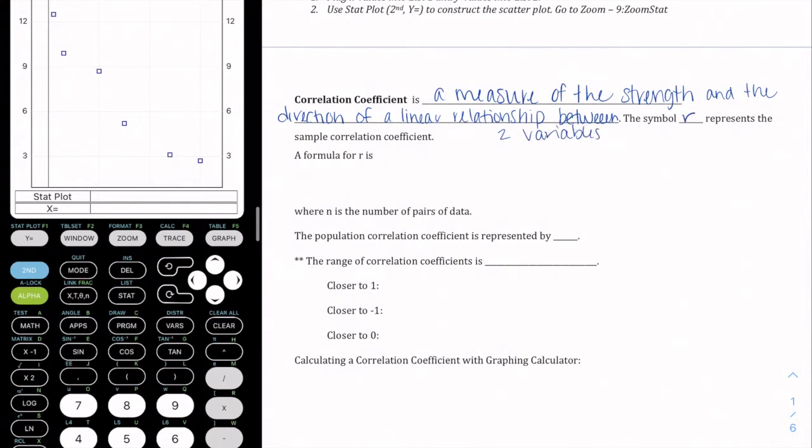The symbol R represents the sample correlation coefficient.